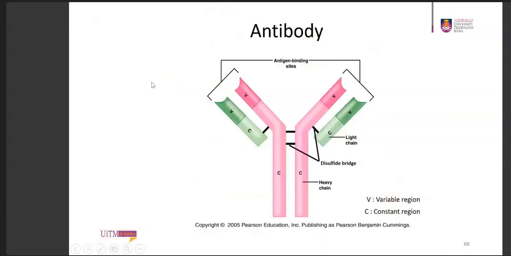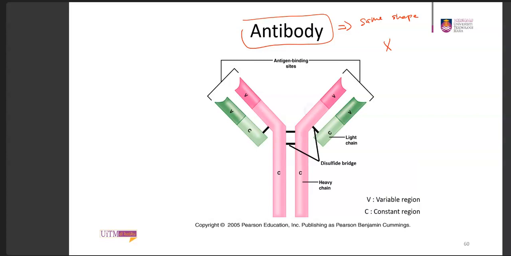Okay, so this is the shape of an antibody. As I said, antibody has the same shape as the B cell receptor, except that it does not have the transmembrane region, because antibody is secreted into your body fluid.